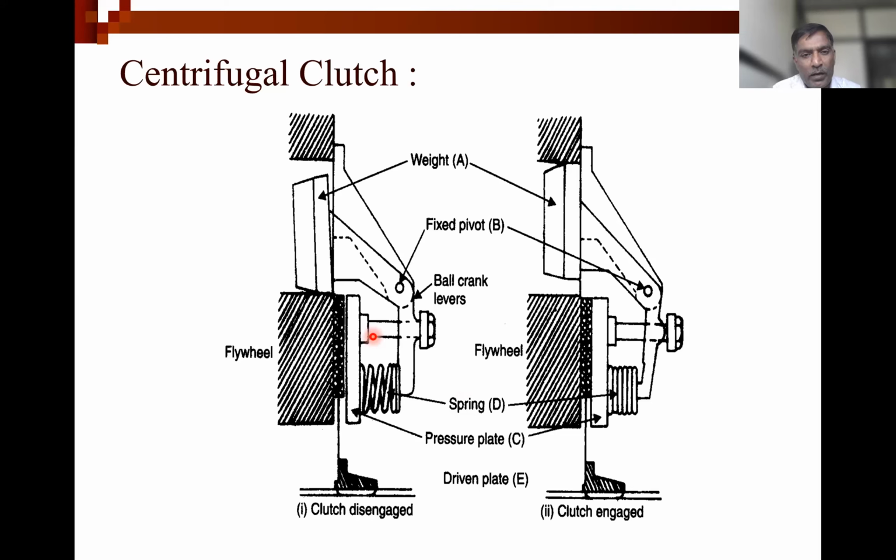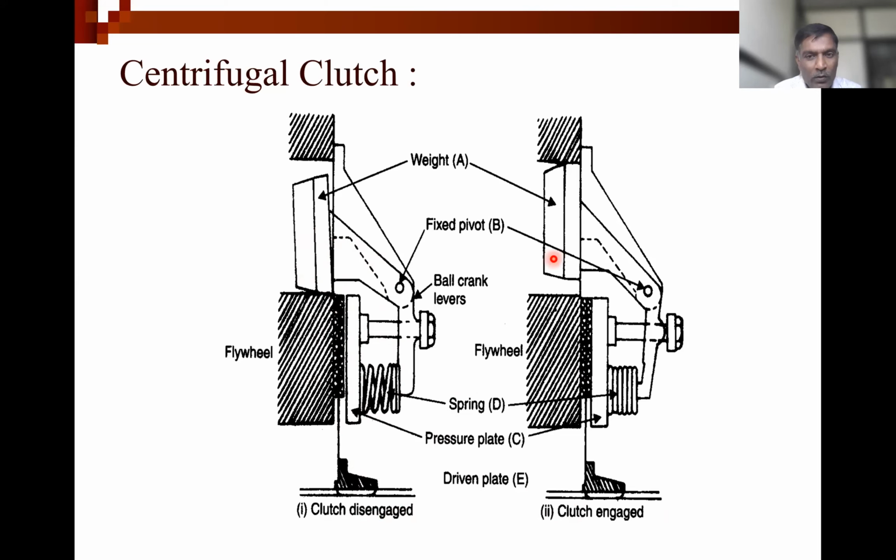Okay. So for this scooty, there is a centrifugal clutch, which operates on the speed. Here you can see how it works. This is weight A, clutch disengaged, and here clutch engaged. This is disengagement because these weights are not flying.